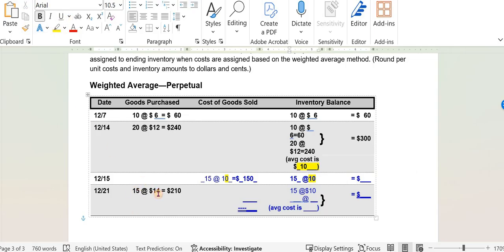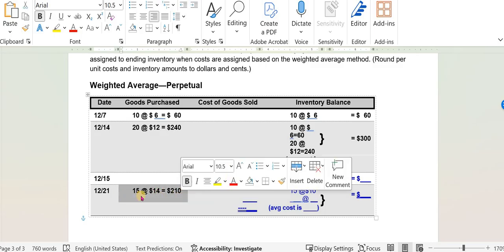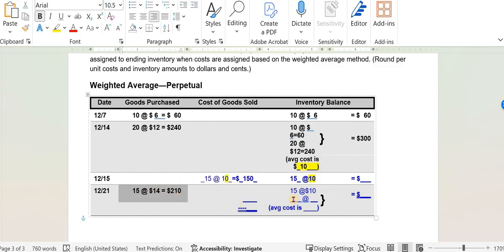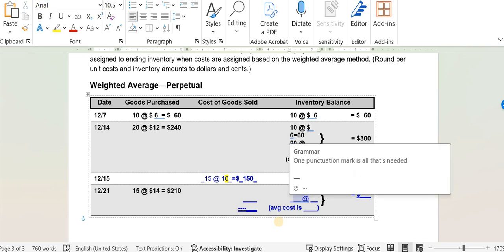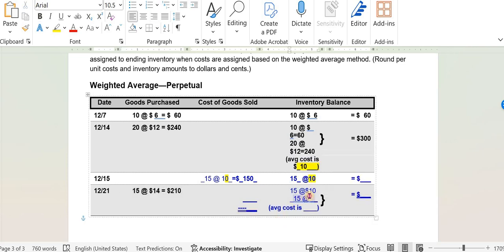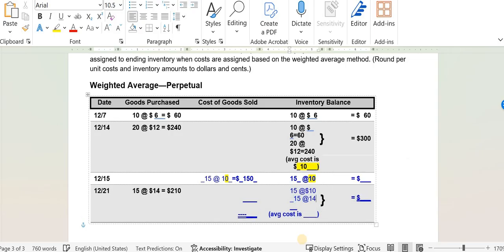Now, Mr. Monson on the 21st buys more stuff. He buys 15 units at $14. How does he figure out the average?